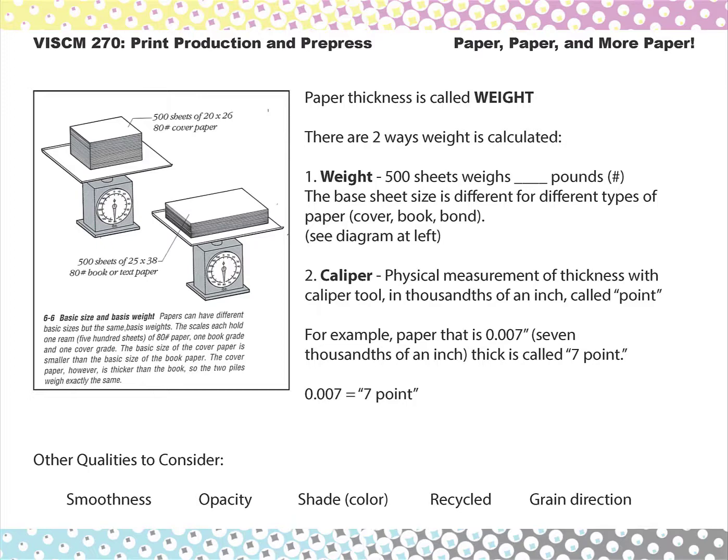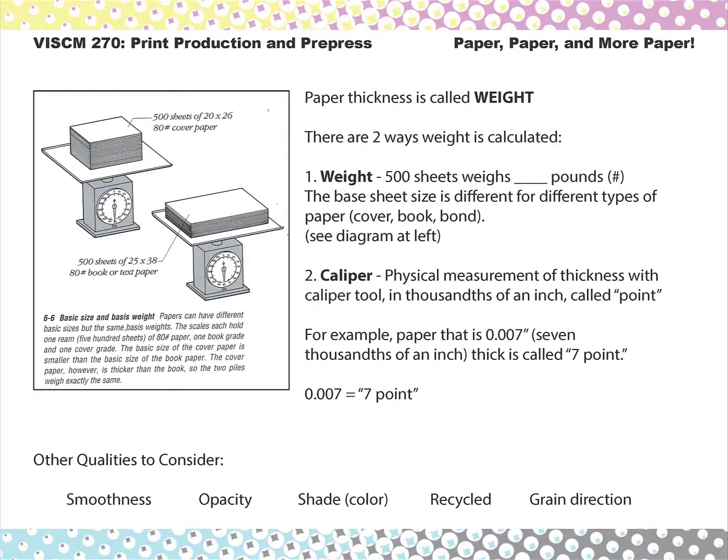Another way to measure paper, and this is more for thicker papers, cover stocks, is by the point, and that's through a caliper. So they might say that's 10-point paper or 7-point paper, and when they say that, they're talking about the actual physical measurement of the thickness. A caliper is a tool shaped like a C clamp, and it clamps very lightly onto the paper and measures it in thousandths of an inch.